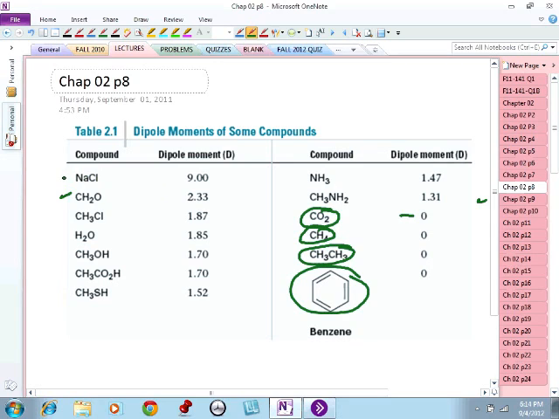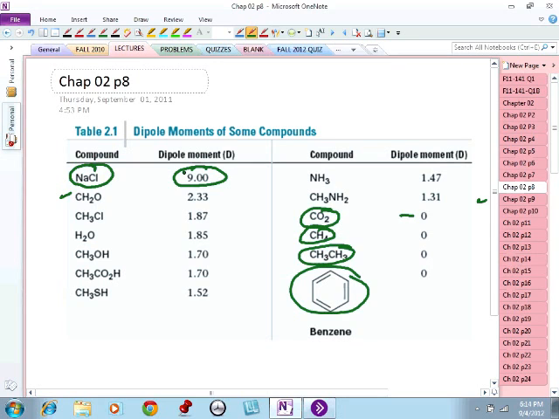Also, if you take a look at this table here, we see sodium chloride has a dipole moment of 9. Now, that is an indication that this is an ionic molecule, because the dipole moment is simply telling us there is a lot of charge separation. In other words, the center of negative charge and positive charge are so far apart, and as such, it has a very large dipole moment.